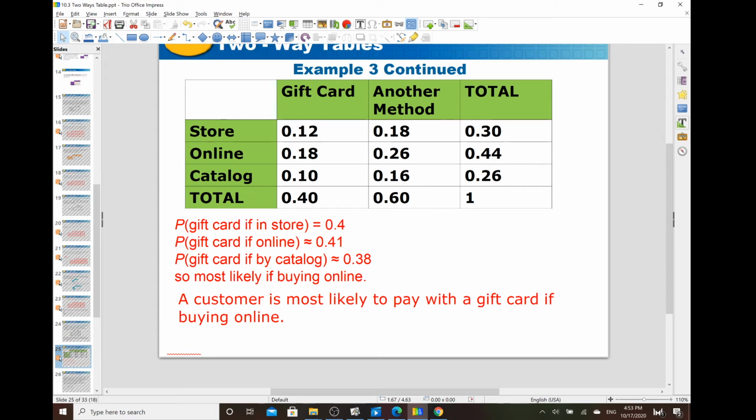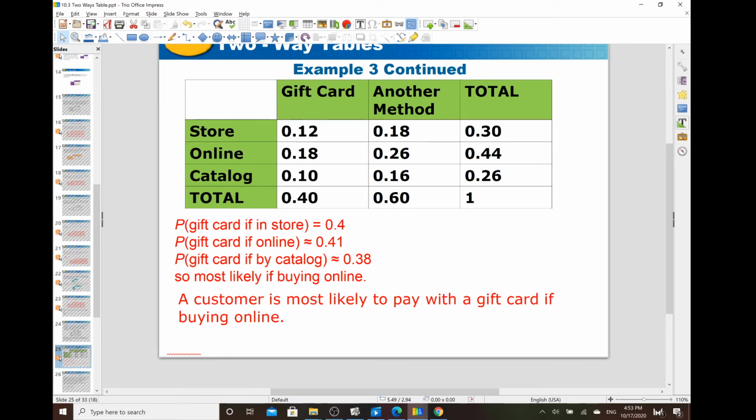So probability of gift card if in store. Okay, in store, then that'd be what, 0.4. And the probability of gift card if that's online, then that is about what, 0.41. Okay, online, then that'd be 0.41. Okay, online one, so this one. And then what about the probability of gift card if by catalog?